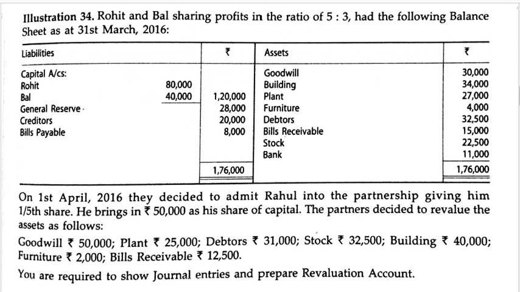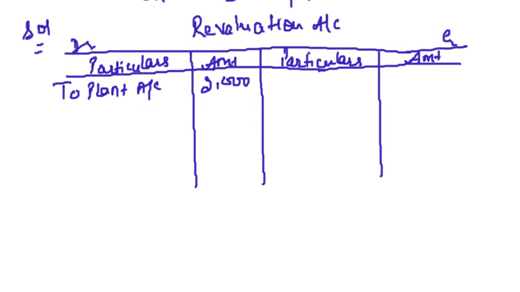Next, debtors 31,000. What are the original debtors? 32,500. Again 1,500, there is a decrease in asset. So I will say to debtors 1,500. Clear?